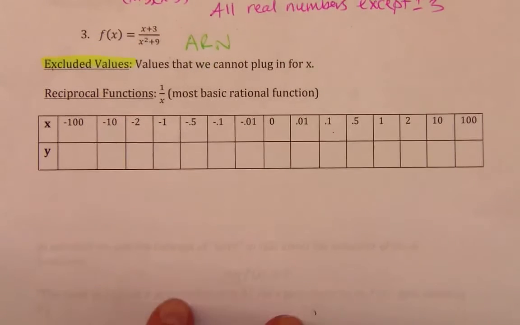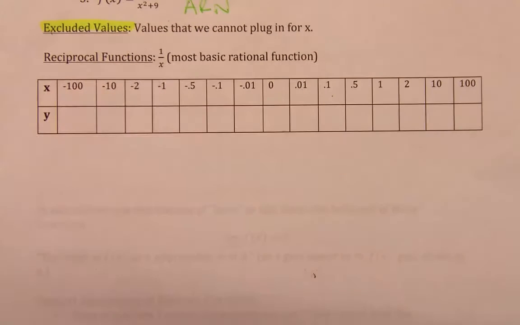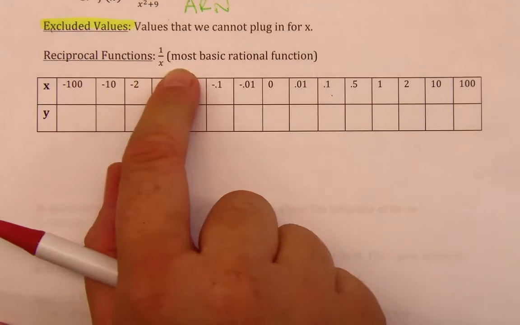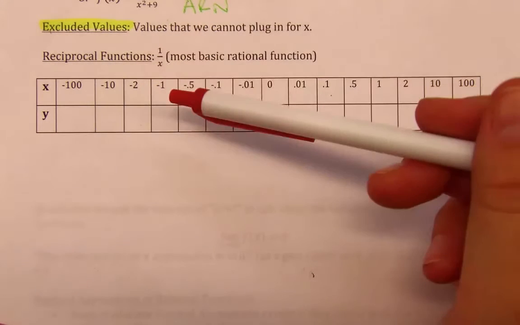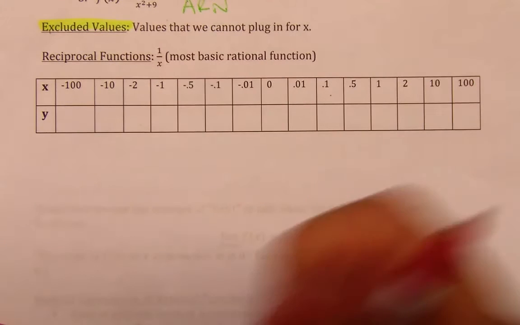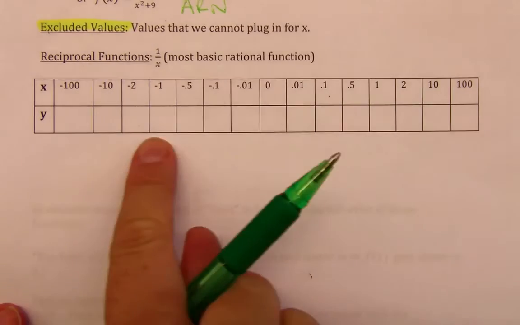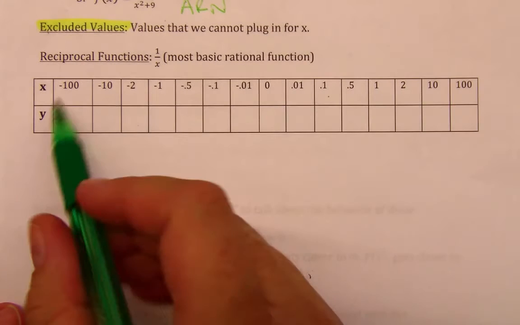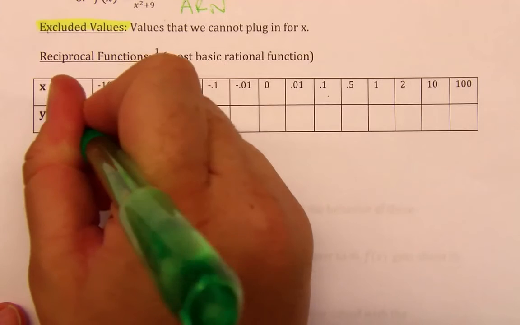Now, kind of changing gears here a little bit, we have the reciprocal function, and 1 over x is the most basic rational function. It's a basic polynomial of 1 over a basic polynomial of x. Just to discover what this function actually looks like, we're going to plug in some values on this chart here. If I plug in negative 100, I have negative 1 over 100.